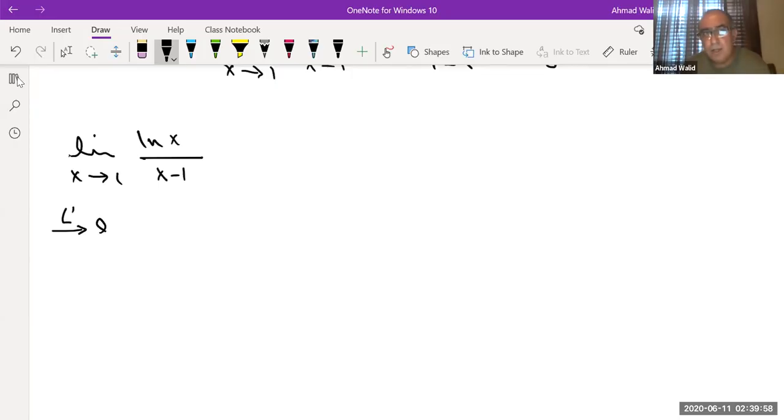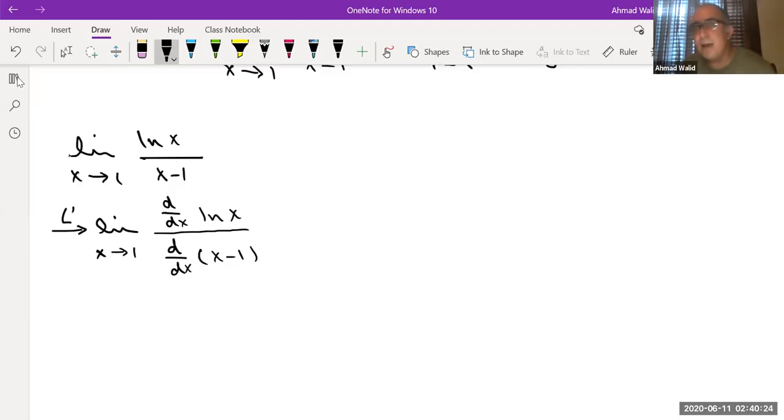Now, I will apply L'Hopital's rule. The limit as x approaches 1. What L'Hopital's rule says is the derivative of the numerator, it means d over dx of ln x, over the derivative of the denominator, it means d over dx of x minus 1. You don't need to write this step if you get the concept that you are taking the derivative of the numerator and the derivative of the denominator.